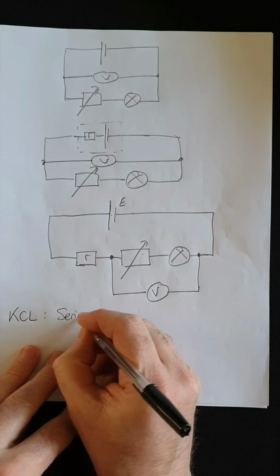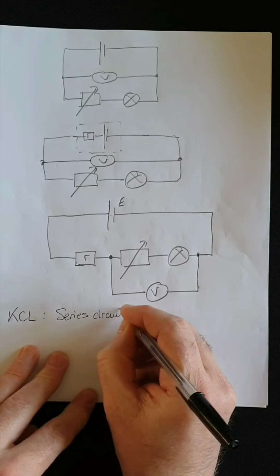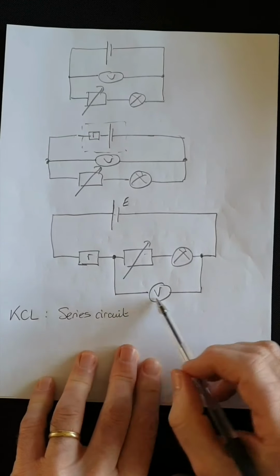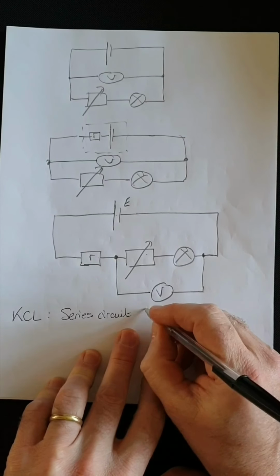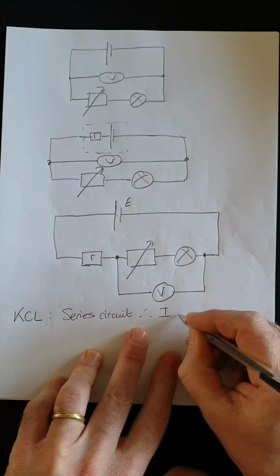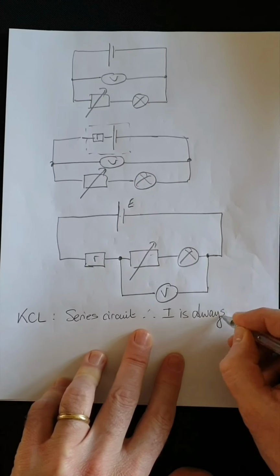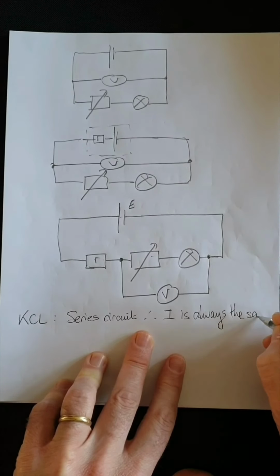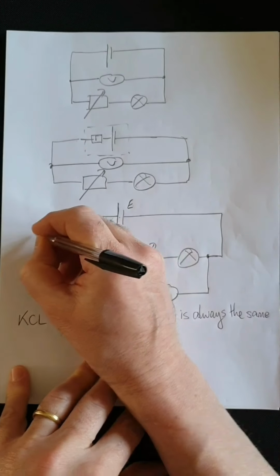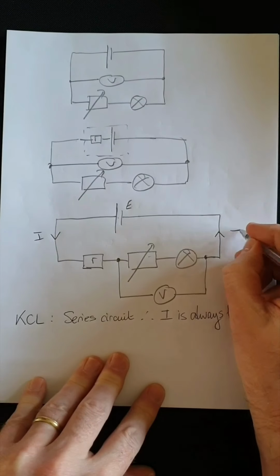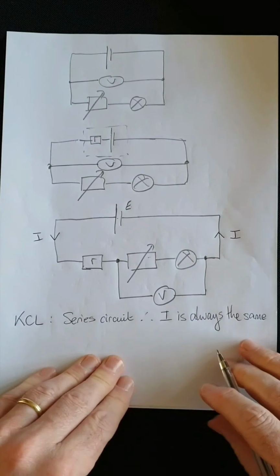It's a series circuit. We can assume the voltmeter is very high resistance, so no current is passing through the voltmeter. Therefore, the current is always the same. So at any point in that series circuit, the current is always the same. Wherever I measure it, I will always get that value for the current.